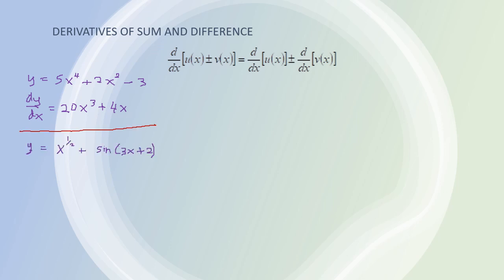Next example, we have y equal to x to the power of 1 over 2 plus sine 3x plus 2. So this function is sum function, so we differentiate one by one.